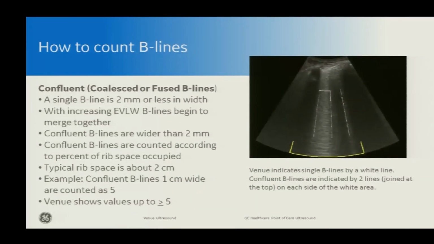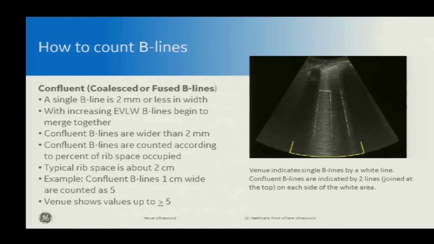Now sometimes B-lines will actually fuse together. If we get enough extravascular lung water, in other words, if fluid is starting to accumulate in the lungs, we'll start seeing them fuse together and get wider and wider. So we have to count them appropriately.